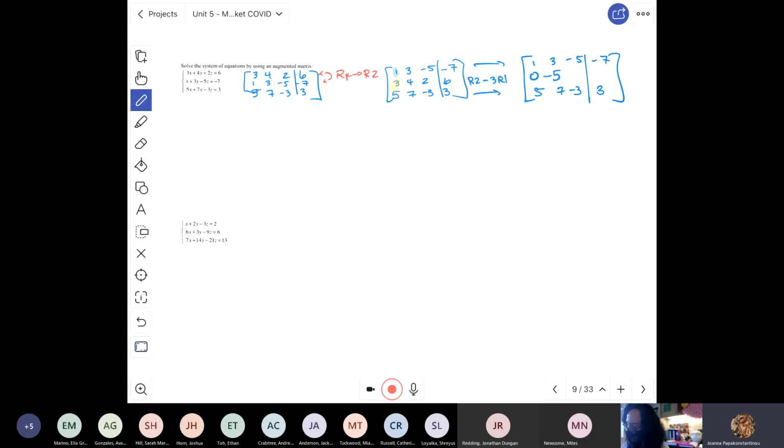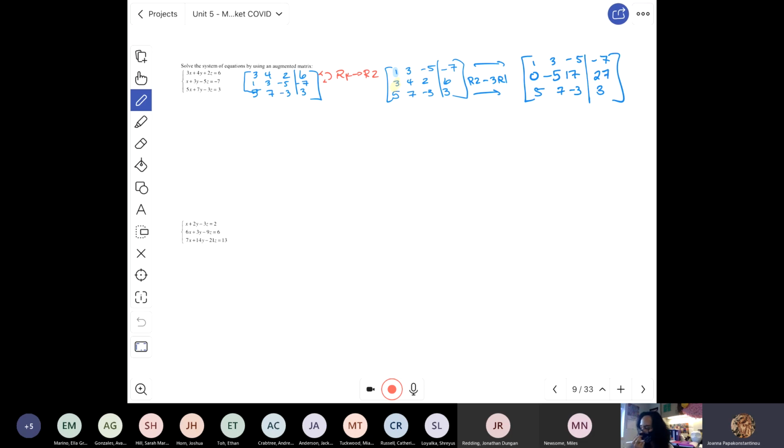Okay, and then I have 2 minus -3 times 5. So that's 2 plus 15, which is 17. And then I have 6 plus 21. Okay, is everybody with me so far?